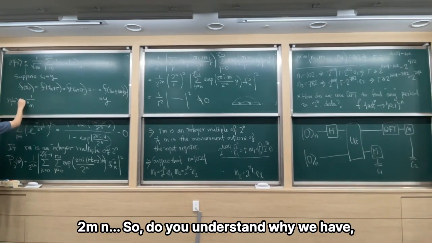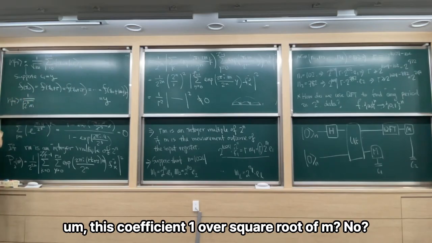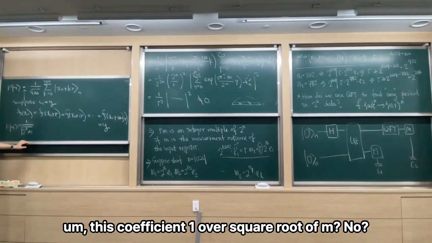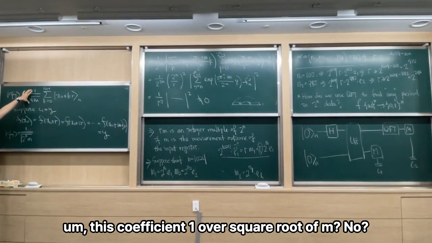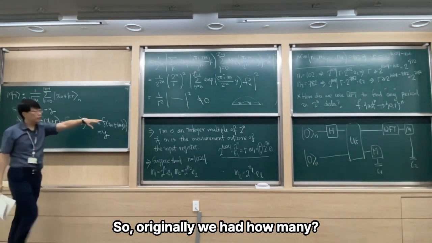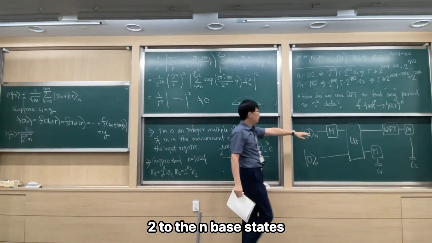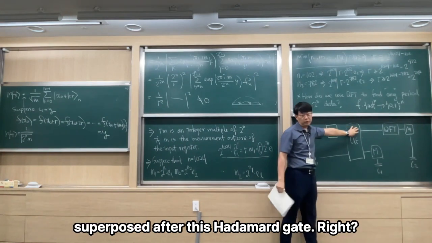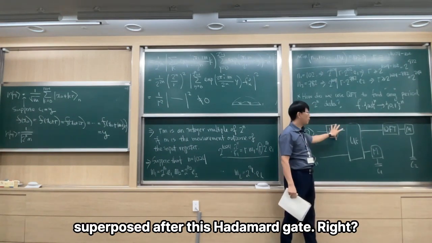Do you understand why we have this coefficient 1 over square root of m? No? Originally we had 2 to the n base states superposed after the Hadamard gate, right?